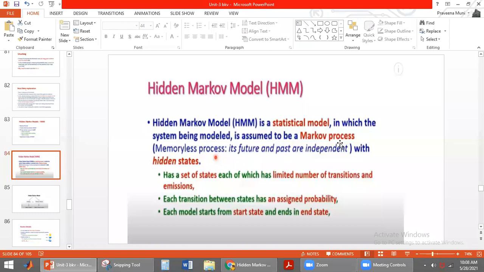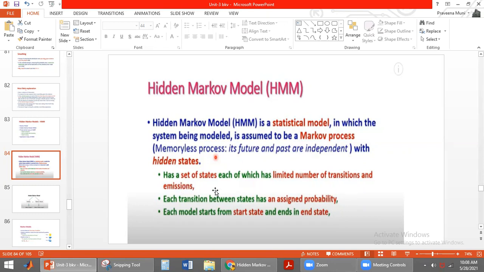And this hidden Markov model will have hidden states. Here we have a set of states, each of which has a limited number of transitions and emissions. We have discussed that in the temporal model we have a transition model and an observation model.